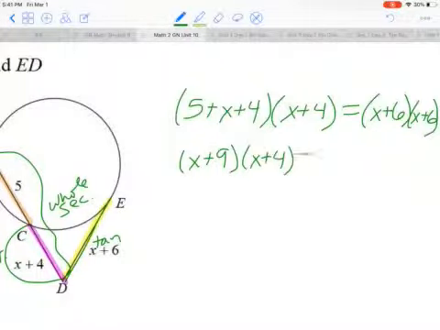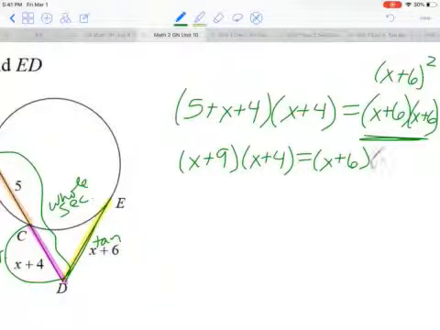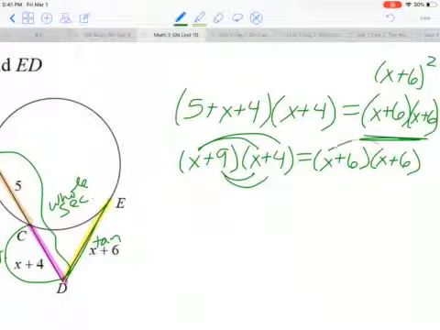And then I'm just going to rewrite everything else. So if you had written this as x plus 6 originally, make sure you write it right now as x plus 6, so that when you distribute, you can see all the pieces you have to connect.